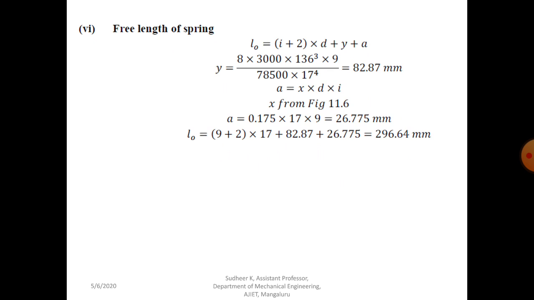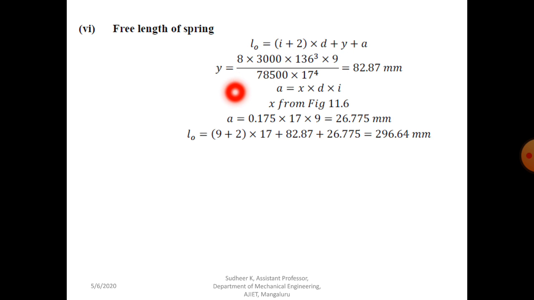So free length is always equal to solid length plus the actual deflection, plus you have to add the clearance between the coils, because that also you have to add. So clearance is denoted by small a, and y is the axial deflection, and I plus 2 into d is nothing but solid length of the spring. If you add all these lengths, you will get free length of the spring.